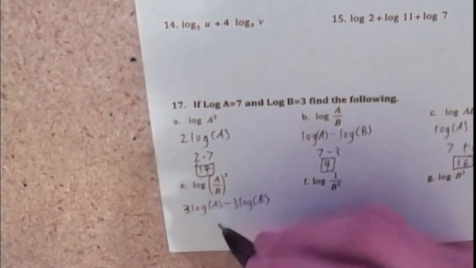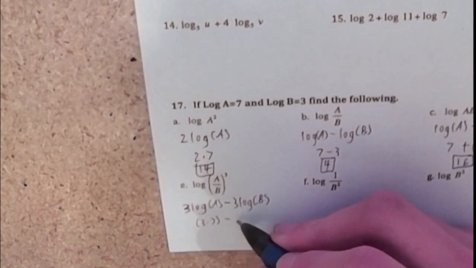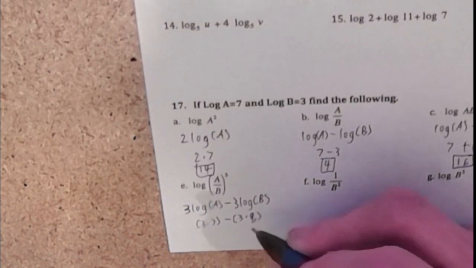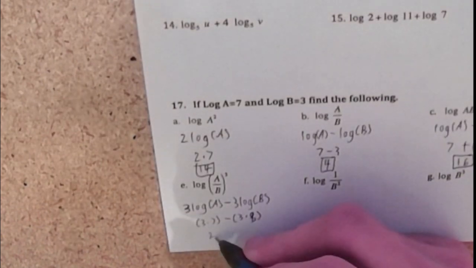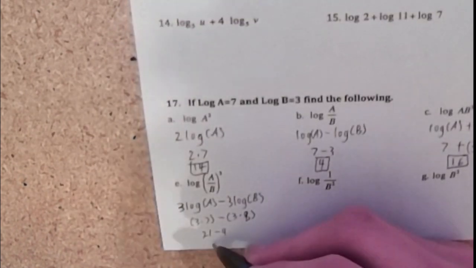So then we can plug that in. 3 times 7 minus 3 times 3, sorry. So that is 21 minus 9, which, with some math, is 12, I think.